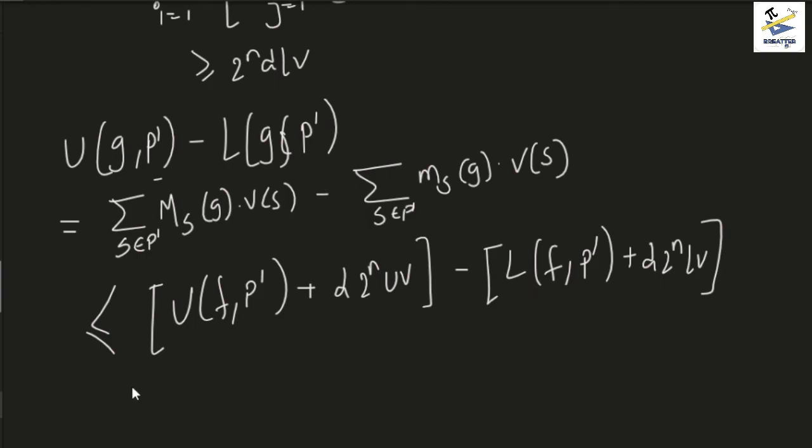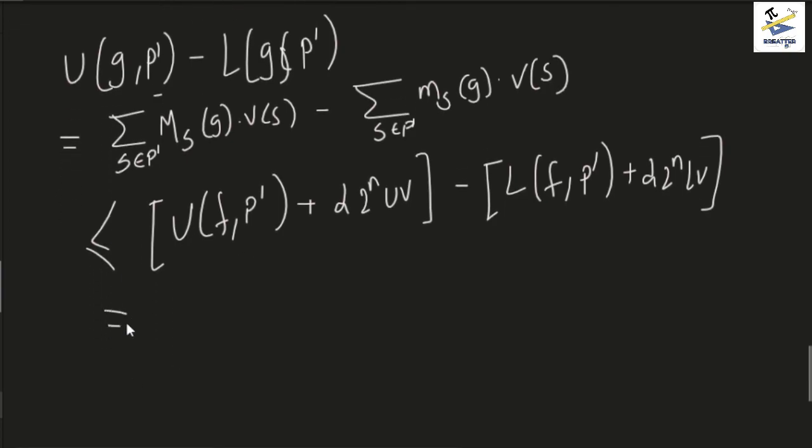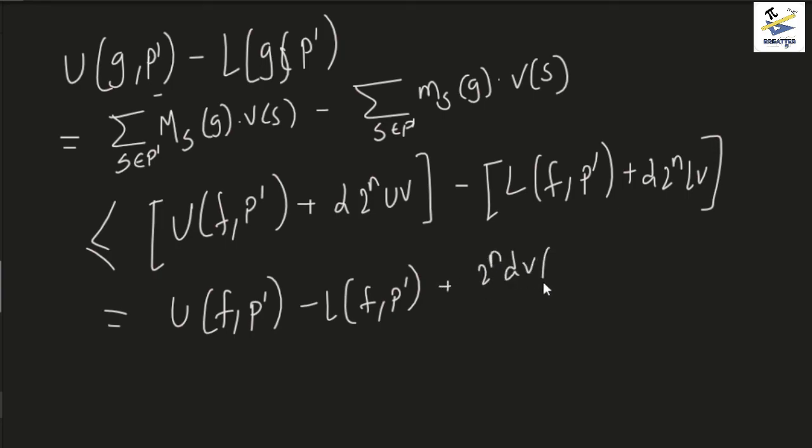And now we can write this as follows: u of f comma p prime minus l of f comma p prime plus 2 to the power n dv into u minus l, and this part is again less than or equal to epsilon by 2, so it's epsilon by 2 plus 2 to the power n dv u minus l.